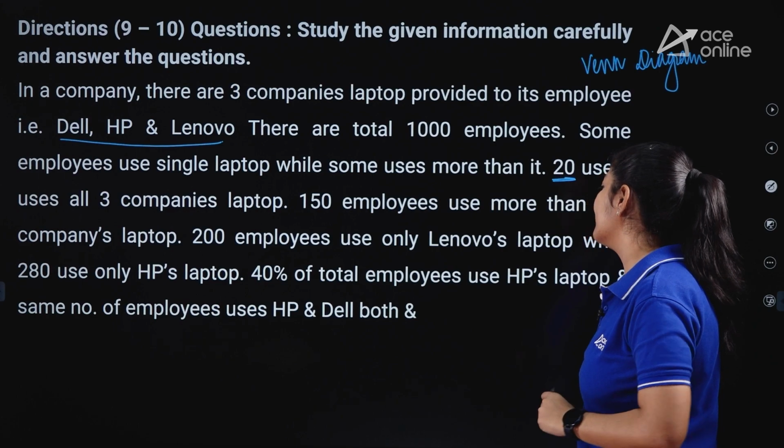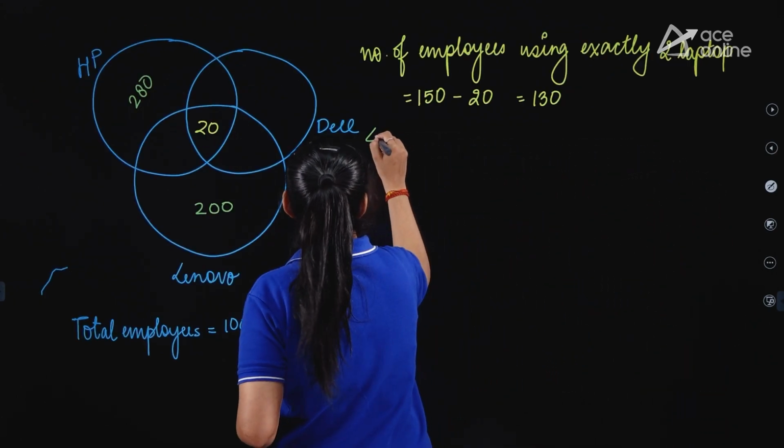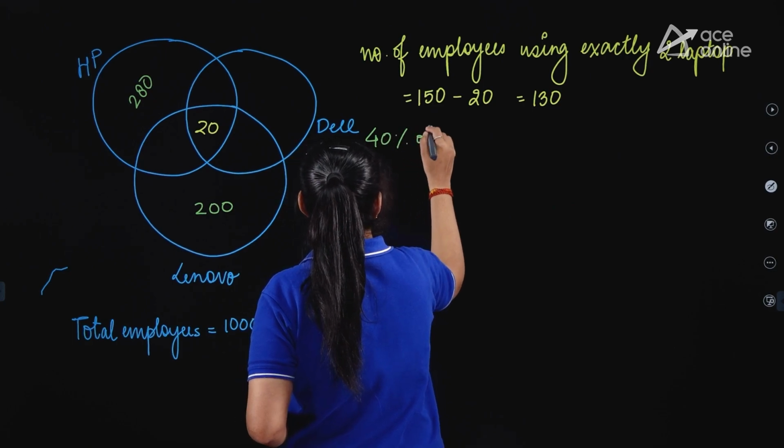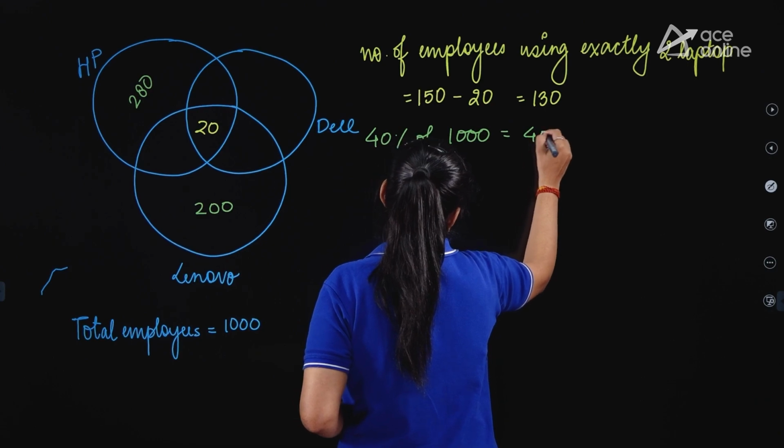40% of total employees use HP laptop. Okay, 40%. So first the 40% of total employees, that is 1000. So this is nothing but 400.